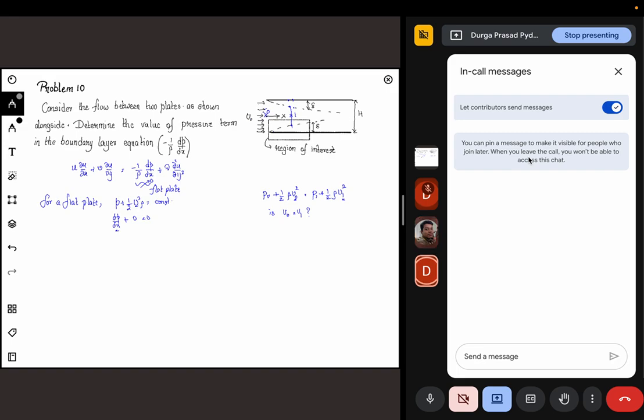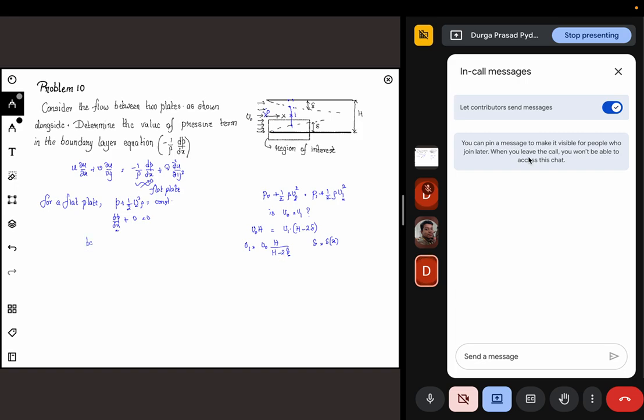If you apply continuity, u naught times the total h should be equal to u1 times h minus 2 delta, which means u1 equals u naught times h by h minus 2 delta. And if delta is a function of x, because delta keeps changing as you move along x, then u1 is not constant.